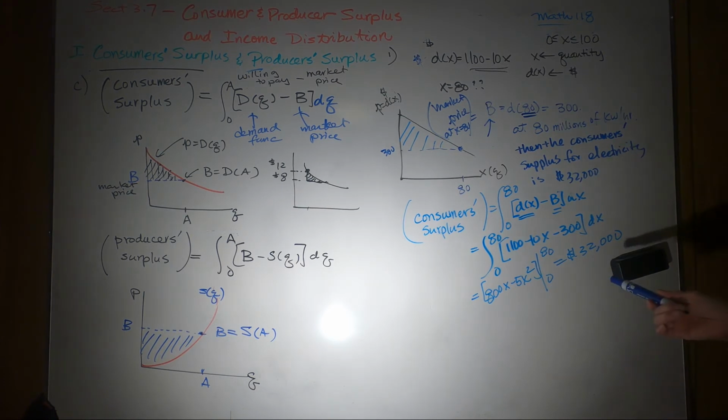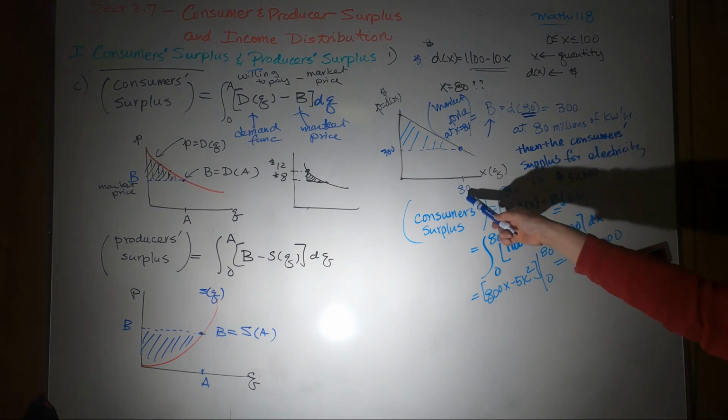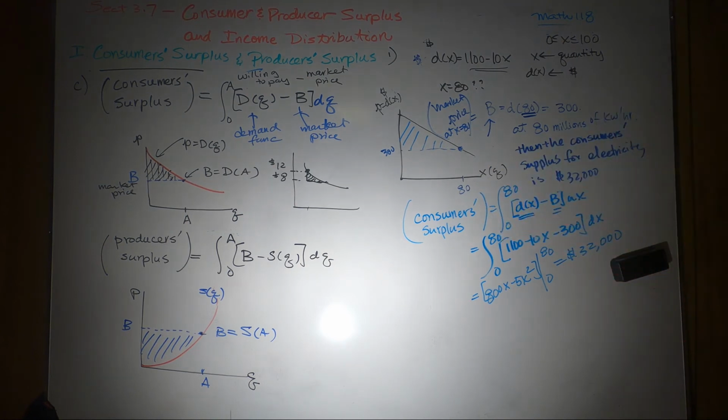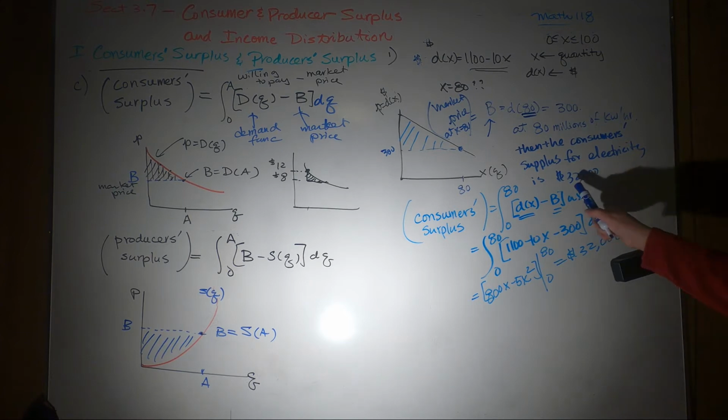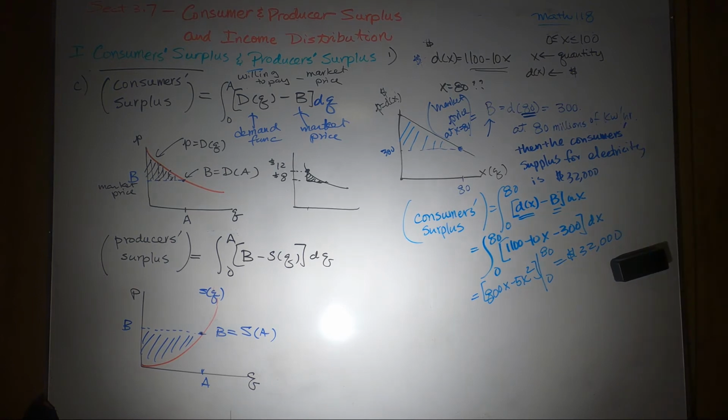So the company provides these 80 million kilowatt hours, then consumers get a benefit in the marketplace, and will have $32,000 more in their pocket. They can spend more later. Okay?